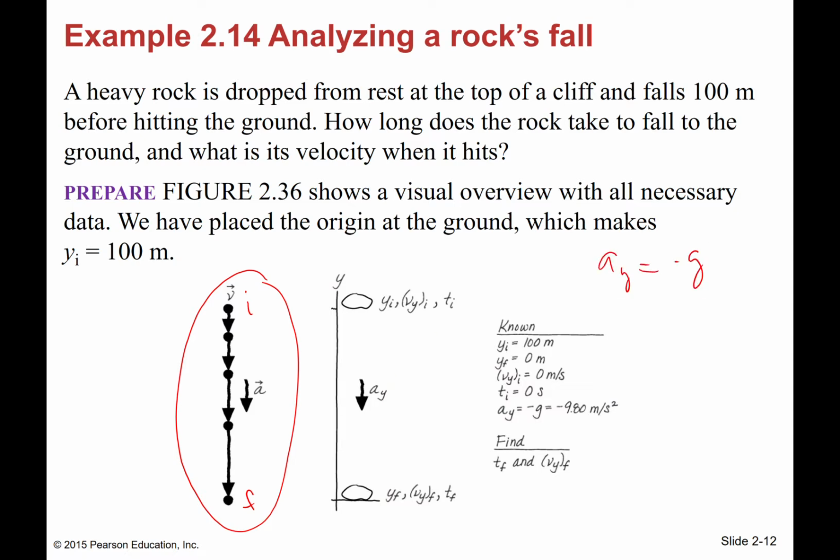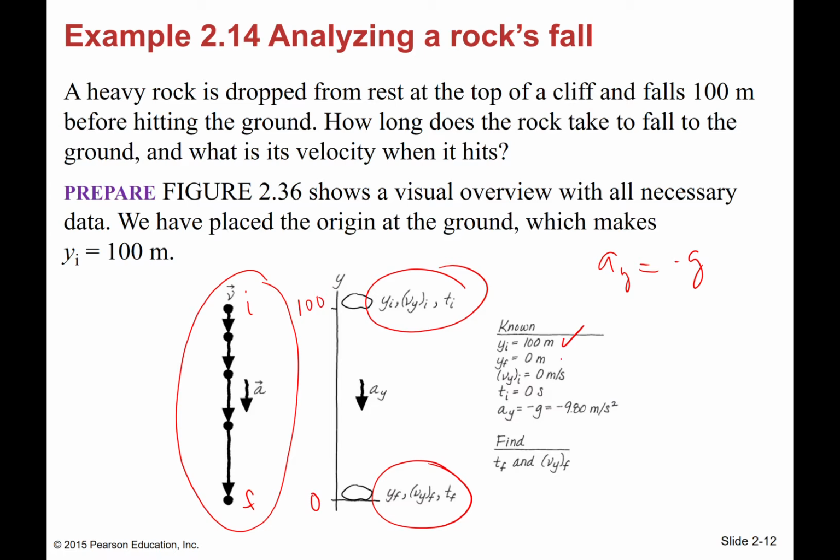And now we can go ahead and start naming things. So we have initial and final here. We can always choose the origin of a coordinate system to be anywhere, so we're going to have our 0 here. So this is going to be 100. So our y initial is 100.